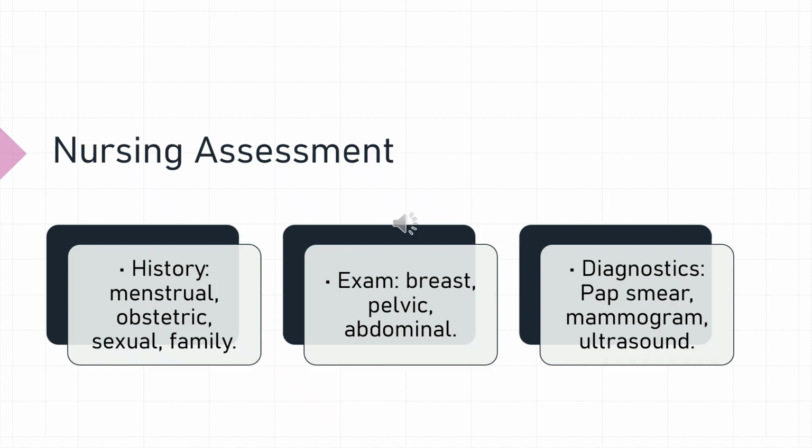For your nursing assessment for reproduction of the female, we'll want to get a good history, paying particular attention to patients' menstrual cycles, any problems with lack of bleeding or too much bleeding, an obstetric history, how many children they've had, if they've had live births or if they've had any miscarriages or fetal demise.